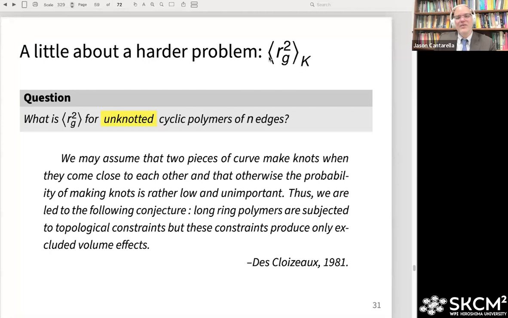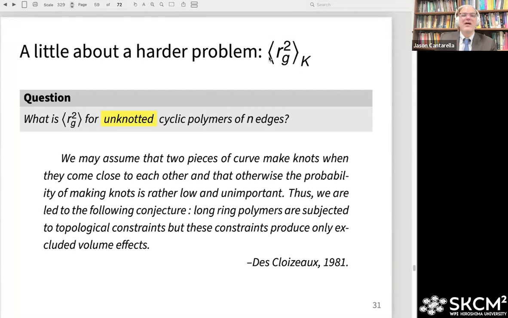What if we wanted to compute the expected radius of gyration over unknotted cyclic polymers? There's a conjecture going back to the 80s that an unknotted polymer should act like a self-avoiding polymer. What this really means, I think, is that if a polymer comes close to itself often, it's likely to knot on one of those visits.